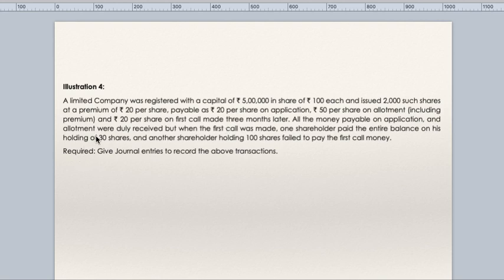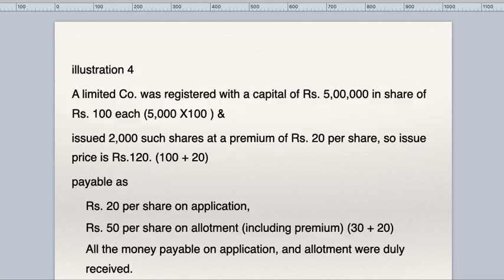Whereas one shareholder who was having 100 shares failed to pay the first call money. So on 100 shares there are calls in arrears, and on 30 shares there are calls in advance. You are required to give journal entries to record the above transactions.